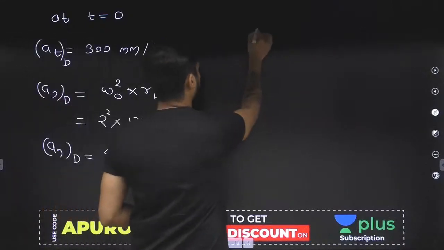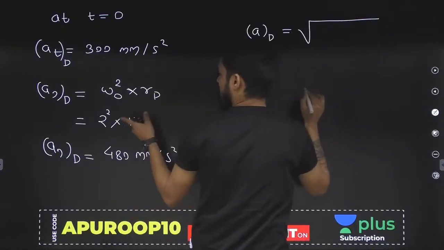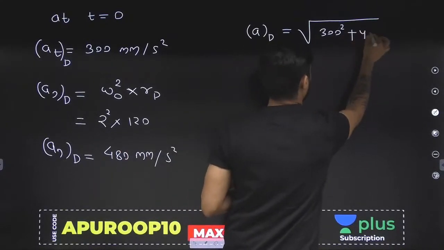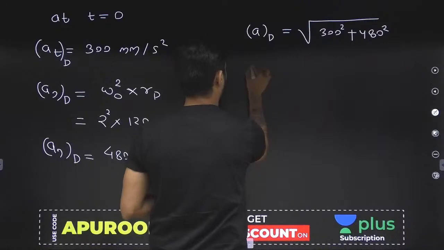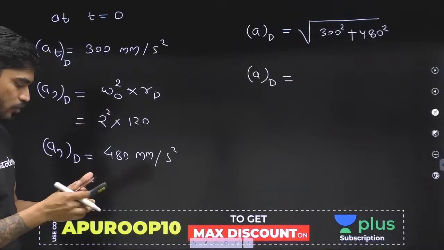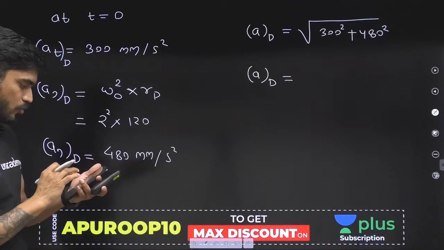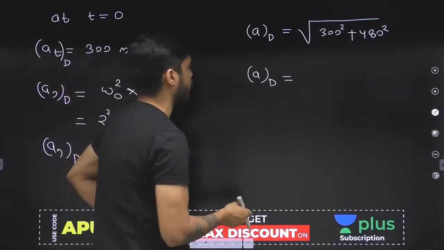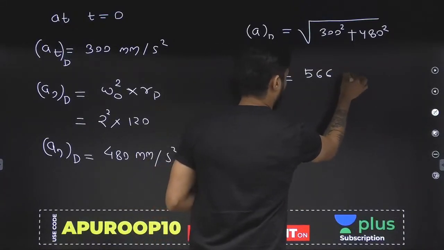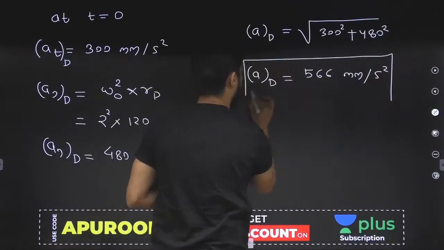So acceleration at point D, the total acceleration, will be root over 300 square plus 480 square. So it will be around 566 mm per second square.